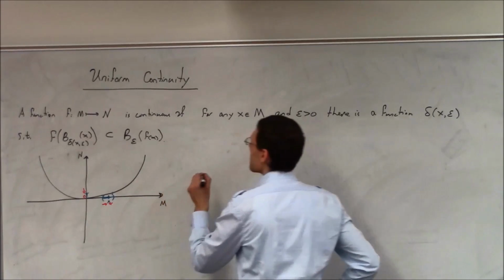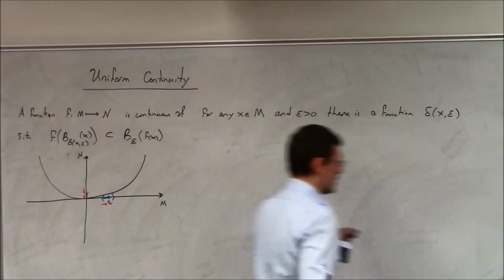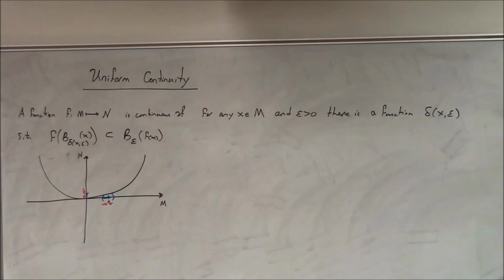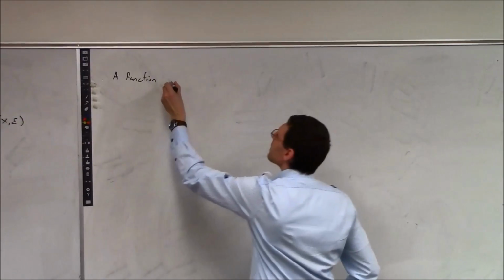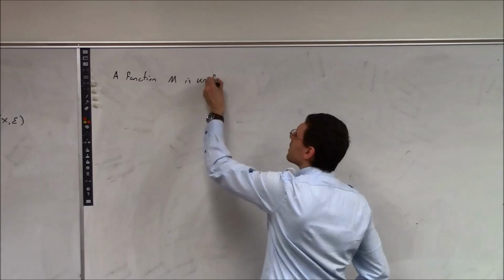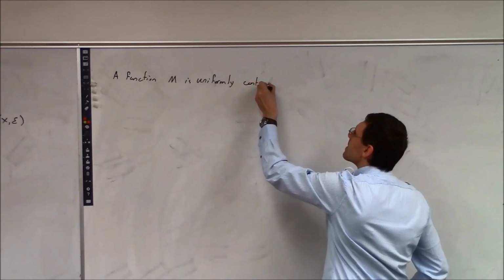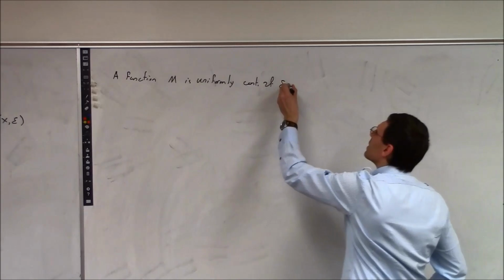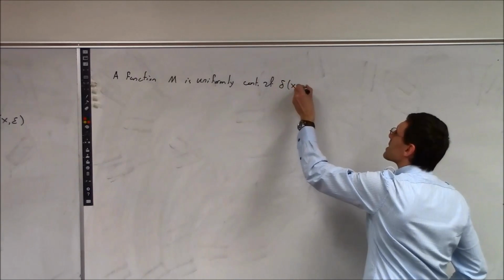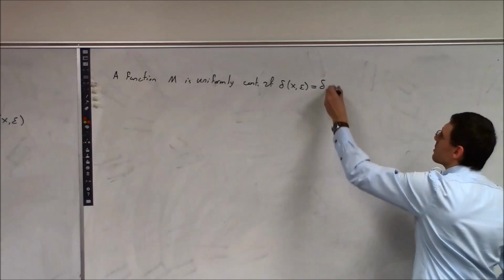So a function f from M to N is uniformly continuous if delta of x, epsilon is actually just a function of only epsilon.